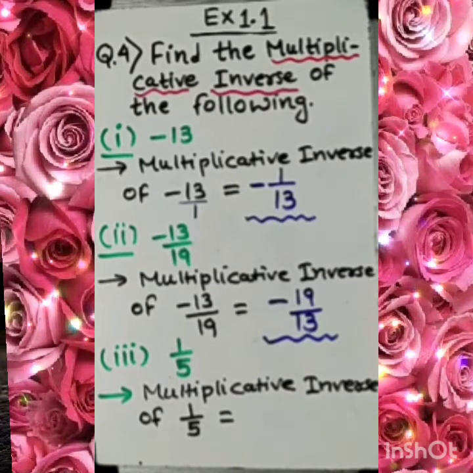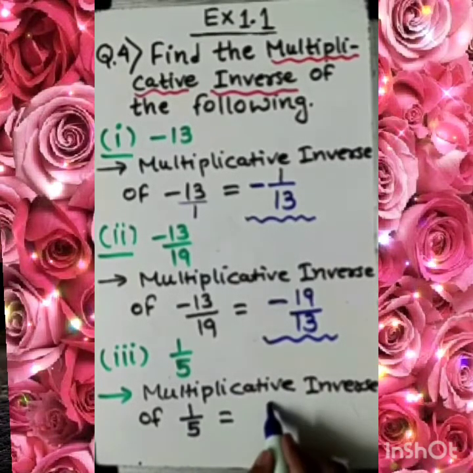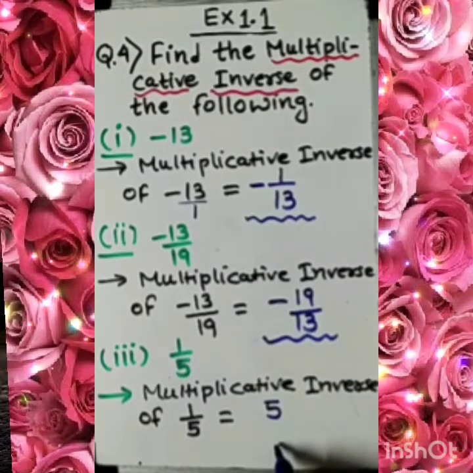For a positive number, the reciprocal or multiplicative inverse will also be positive. As here it is 1 by 5, we need to write 5 by 1. You can mention 5 by 1. If not, then simply 5 you can also write.